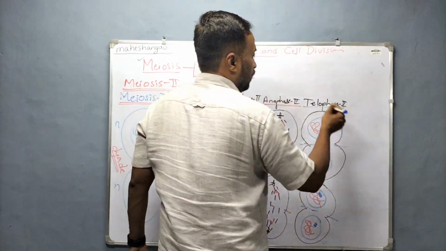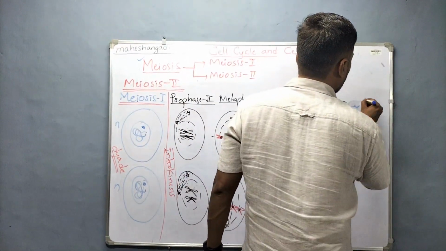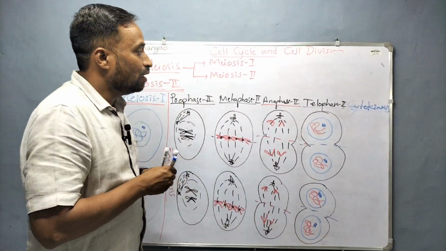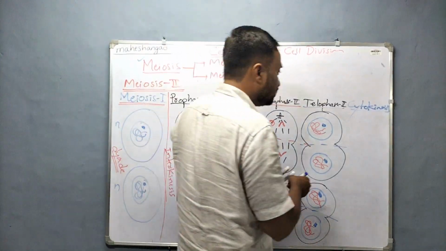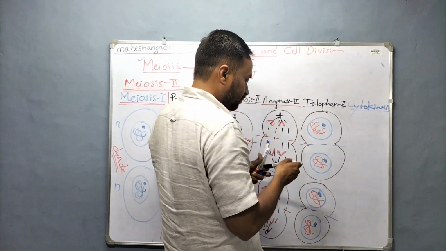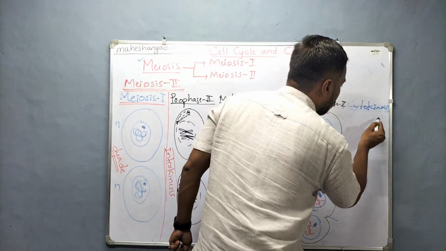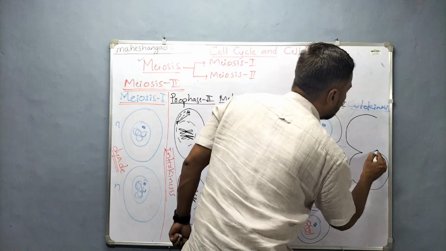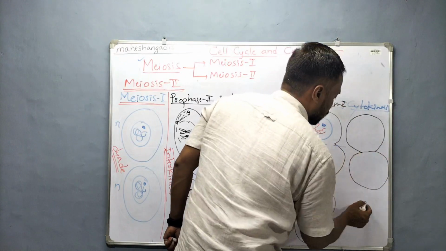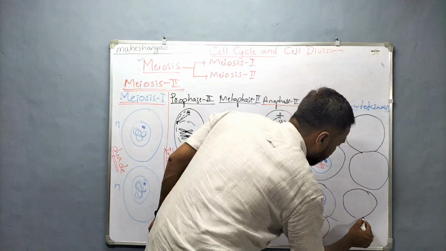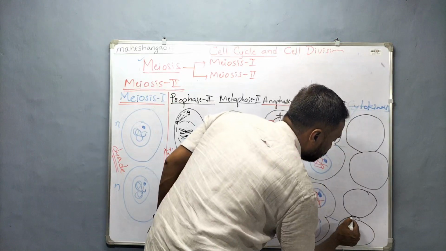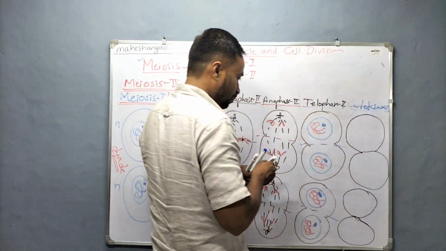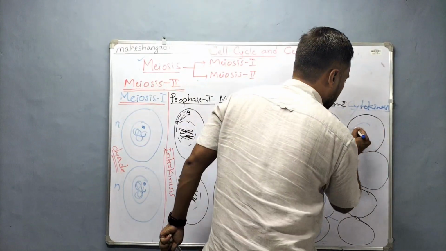Telophase 2. And telophase 2 is lastly followed by cytokinesis. Here a small furrow occurs in the plasma membrane, which deepens from outside to inside, so that the cytoplasm is equally distributed to both daughter cells, like this.